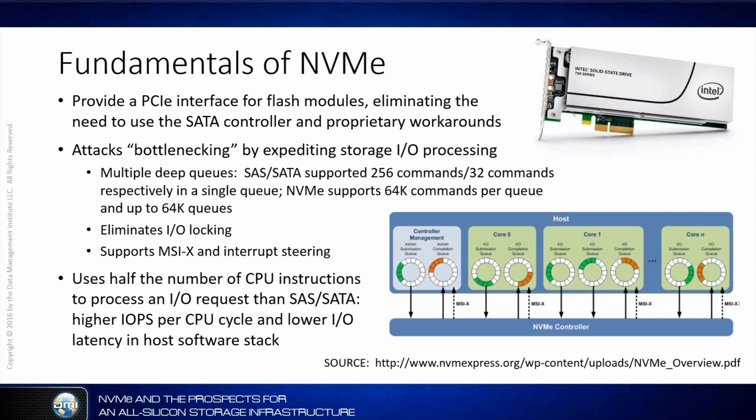With NVMe, you've got 64,000 commands per queue and up to 64,000 queues. So the idea was we were going to broaden and deepen the queues and the queuing capabilities, hopefully to expedite and parallelize, if you will, create in a parallel fashion the execution of storage I/O.